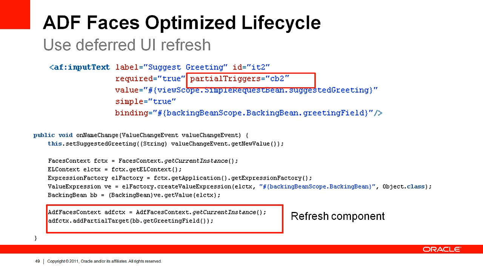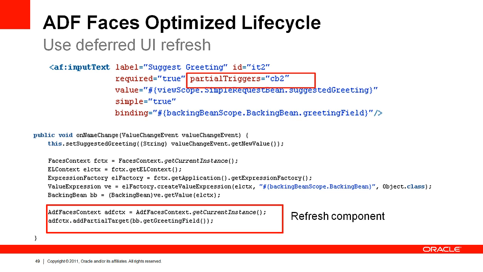But then once we have processed the data that is provided in the name field, and it's updating the model, we then in a deferred manner refresh the greeting field using ADF Faces context, get current instance, and then add partial target. So this will submit the value and then refresh, deferred refresh, the greeting field.